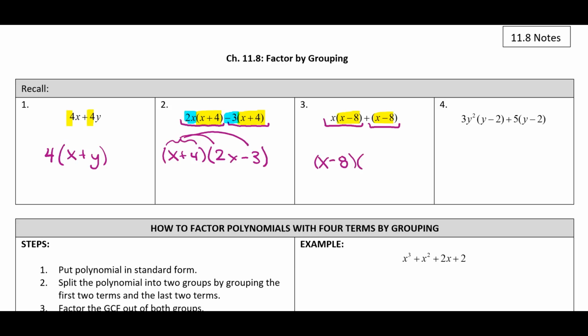Well, to multiply x minus 8 times what to get x times x minus 8? That would be x. Now what would we have to multiply x minus 8 by to get x minus 8? Well, of course, a 1. We can't forget about the fact that there's a 1 there. So that we'd have x minus 8, the whole thing, times x, which gives us this first piece. And then x minus 8 times positive 1 gives me x minus 8.